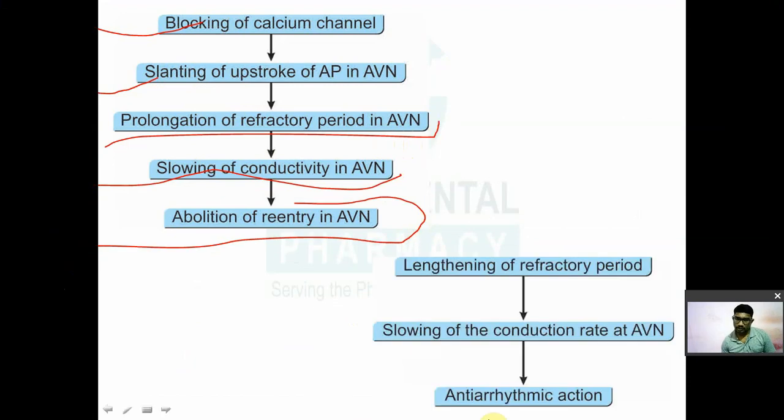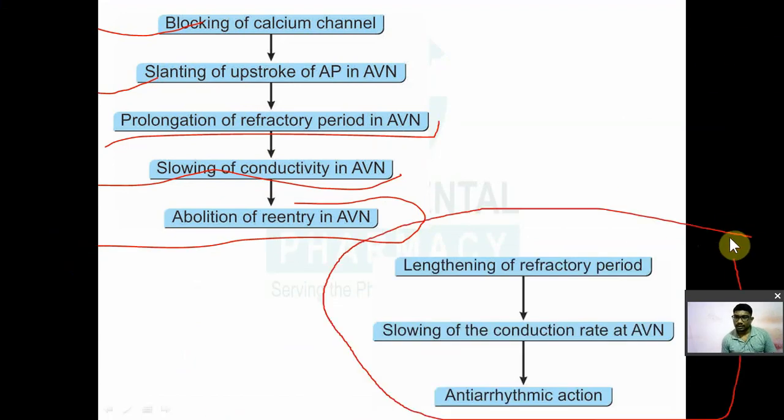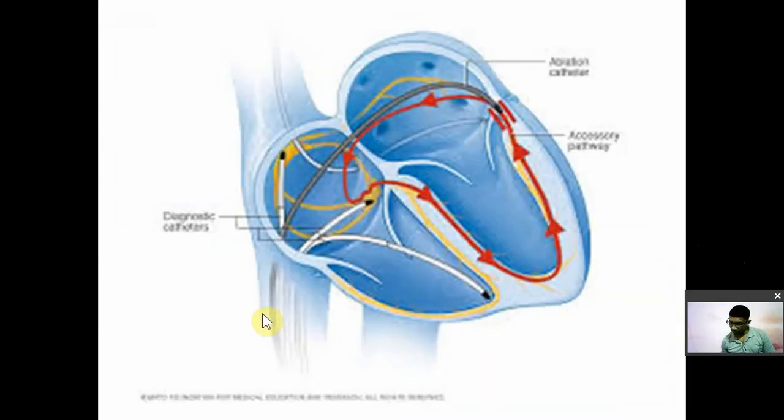Now you can see over here the mechanism of action of your adrenergic neuron blockers. They will prolong the refractory period, slow down the conduction velocity at the atrioventricular node, and is responsible for the anti-arrhythmic action. So this is an example of your Wolff-Parkinson-White syndrome.